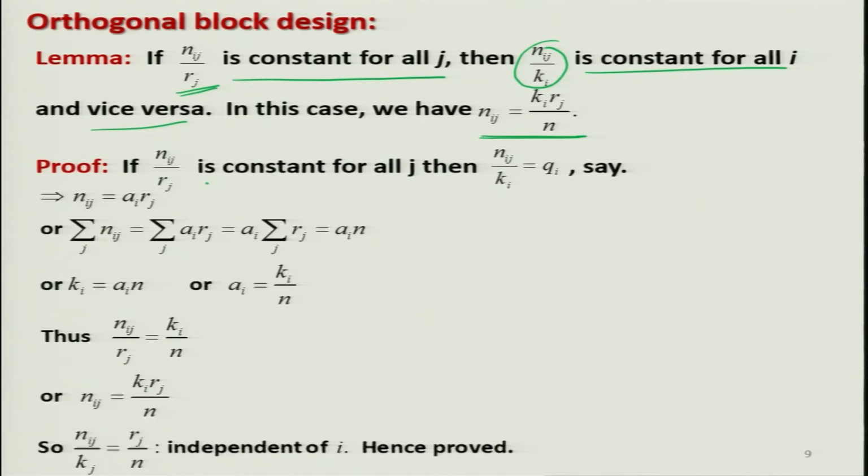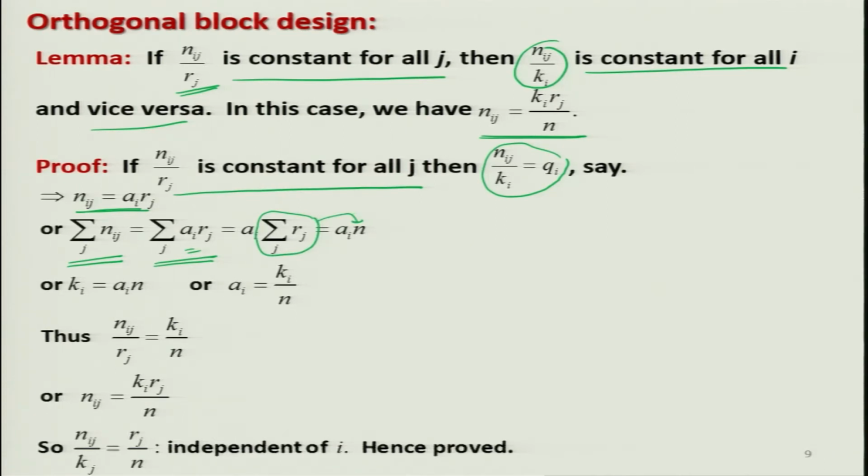Well, if n_ij upon r_j is constant for all j, then I can write n_ij upon r_j is equal to say a_i. This means n_ij is equal to a_i into r_j, where a_i is some constant. Then if I take the summation over j on both sides, this will come out to be a_i and then the summation over r_j, which is equal to small n, that we know.